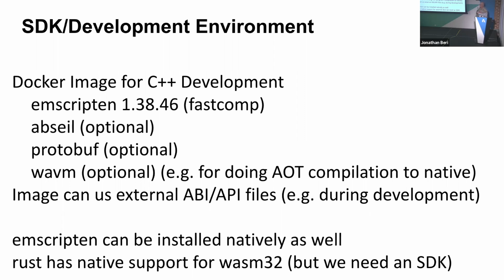Well, or you can compile it yourself, but it's a little bit trickier than one might like currently, because the Emscripten target is not naturally available for all your libraries. So it's often helpful to have these things precompiled, and a Docker image is a really great way to go. So what we do is we provide Emscripten, the Abseil libraries, protobufs, and also WAVM.